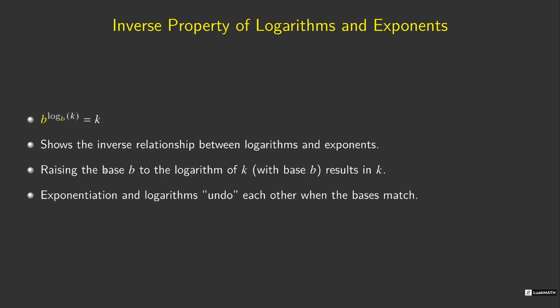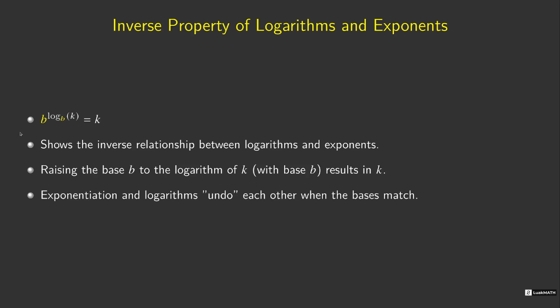So this one just shows the inverse relationship between log and exponents. It's saying that if you raise the base b to the log of k with base b, you get back k, as long as these bases match. So this base and this base, they match, you get back k.